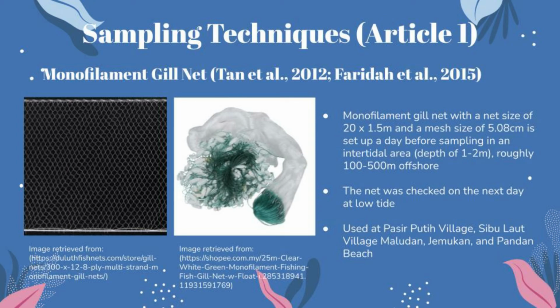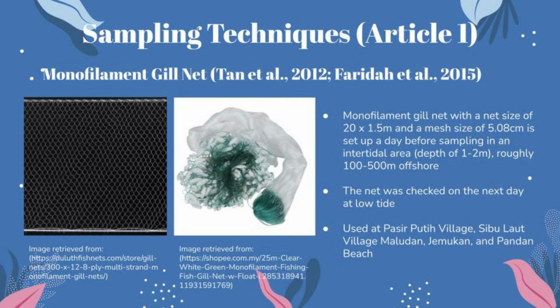Apart from the visual search technique, a monofilament gill net with a net size of 20 meters x 1.5 meters and a mesh size of 5.08 centimeters was also used during sampling. A day before sampling, fishermen set up the net in an intertidal area with a depth of 1 to 2 meters, which was roughly 100 to 500 meters offshore.